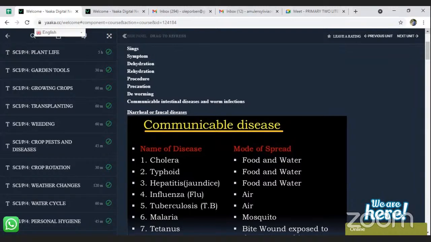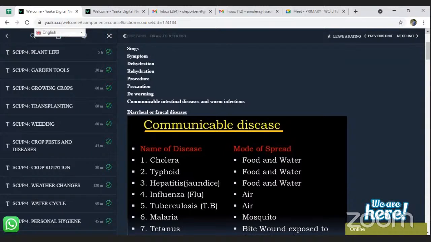Diarrhea or fecal diseases. Communicable disease. Name of disease, mode of spread. Cholera, typhoid, hepatitis in brackets. So you would be giving the name of the disease and then the mode of spread. Like cholera, how is it spread? Cholera, through food and water.